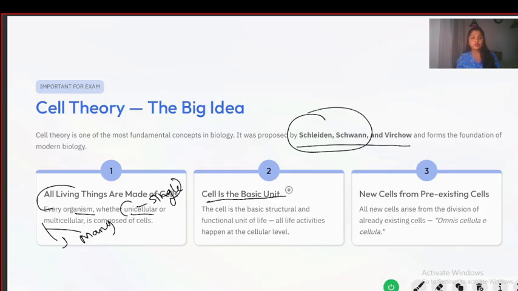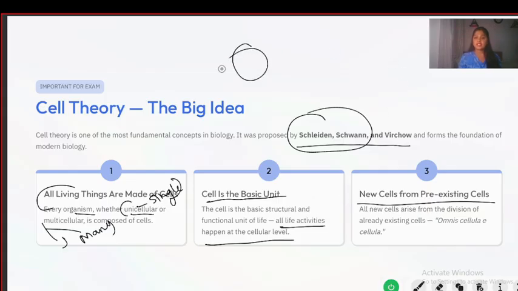For life to be alive, the cell is the basic unit. A cell has to be present, only then there is life. All the life activities happen at the cellular level. So in the cell, all the cellular activities will happen. New cells arise from pre-existing cells.